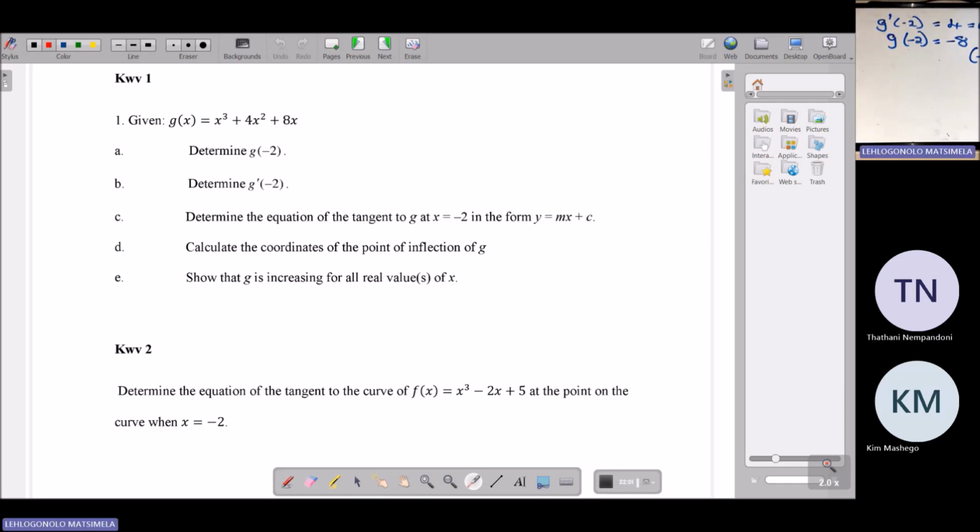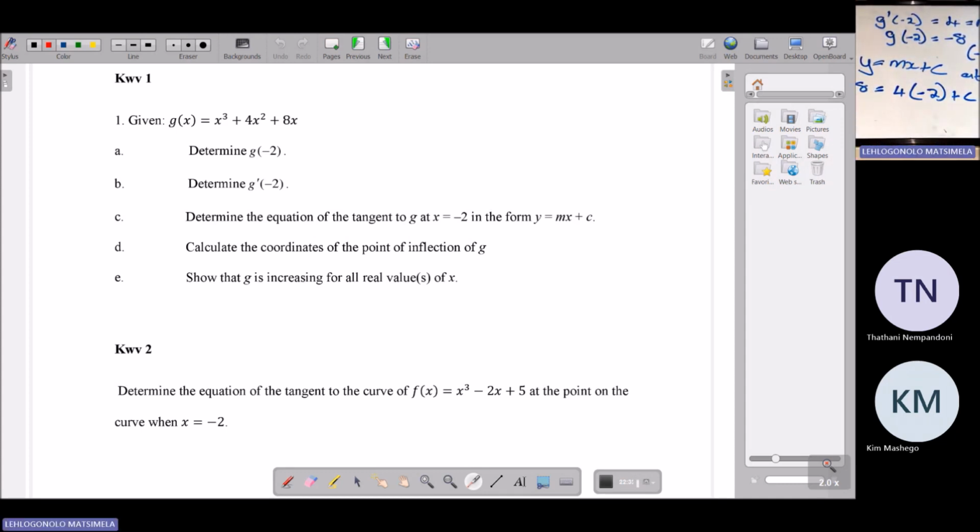So what do we do now? We are having the point where the two graphs intersect each other, and you are also having the gradient. Simply the equation of a tangent is equals to mx plus c at point -2 and -8. Then y value is -8, m is 4, x is -2 on that point, and then plus c.